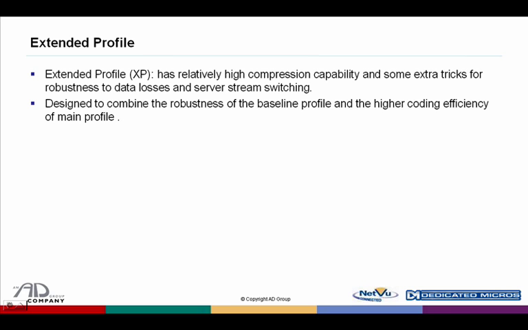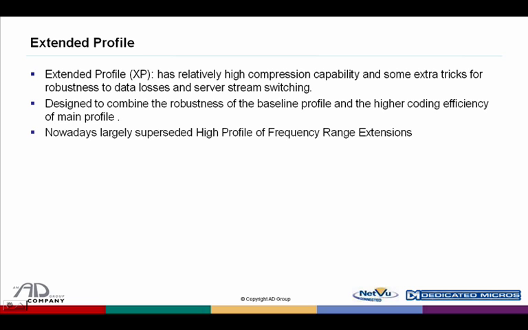So we get the best of both worlds in terms of baseline and main. We get the improved coding efficiency of main and the improved robustness for network transmission of baseline. But again, because of the work done on the frequency range extensions, the extended profile has waned in popularity in favour of the high profile of the FR extensions.